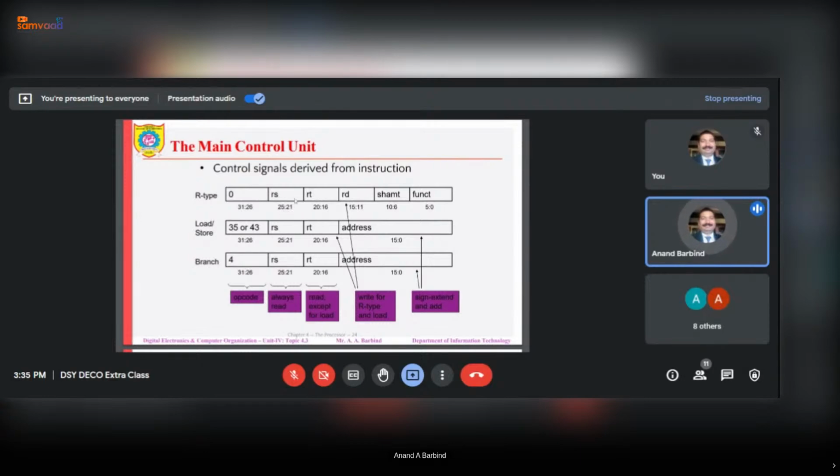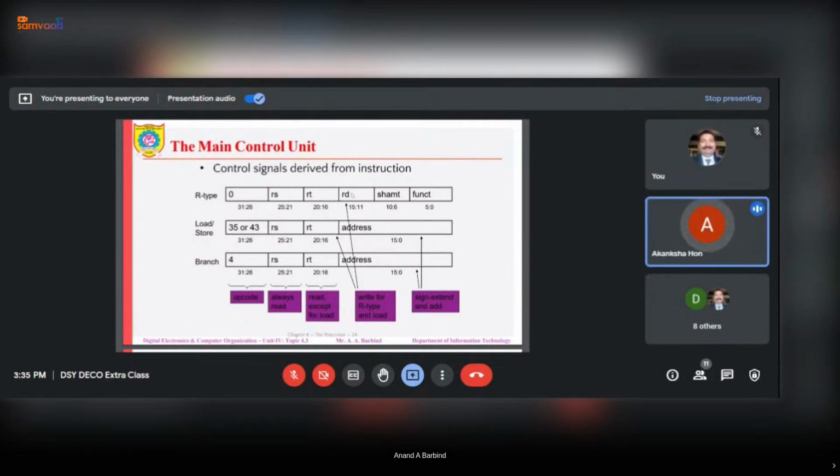So how many bits are there, 21 to 25? How many bits are reserved for RS? How many bits for RT? And how many bits for RD? 4 bits, or 5? 5.